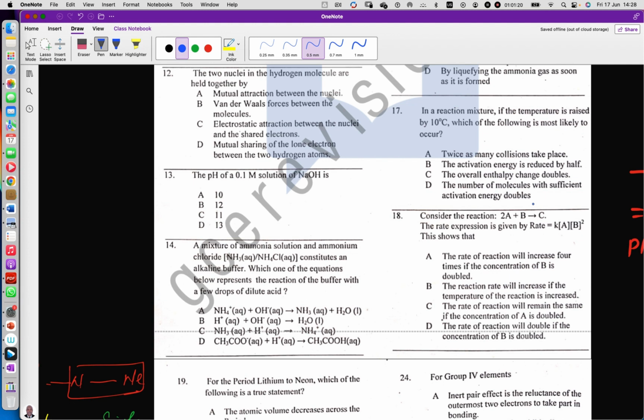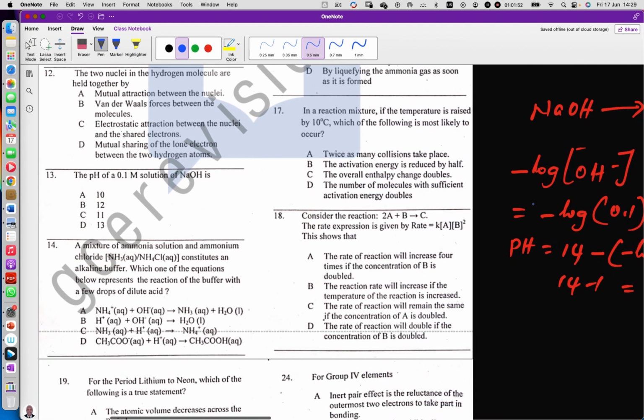Collision will increase, and therefore there will be an increase in the rate of reaction. So if we judge all this, the number of molecules with sufficient activation energy will double. D will be our answer.